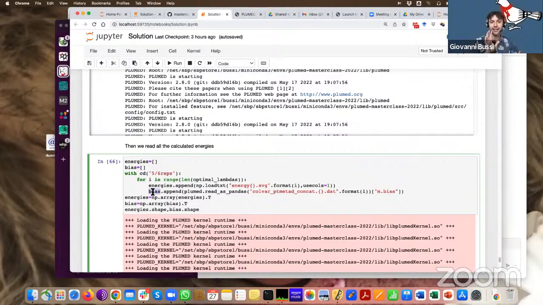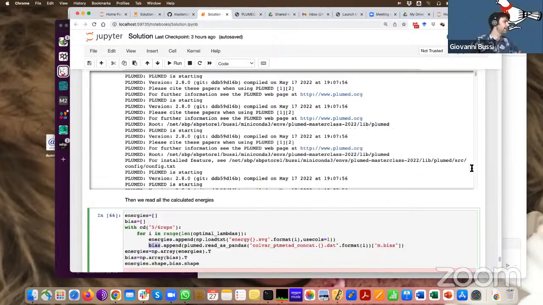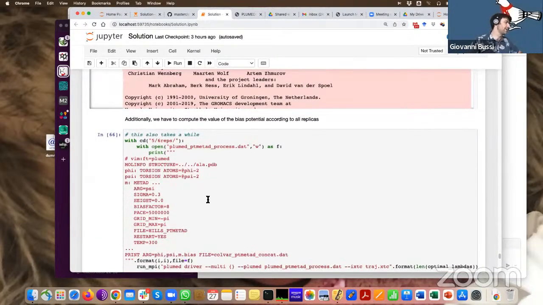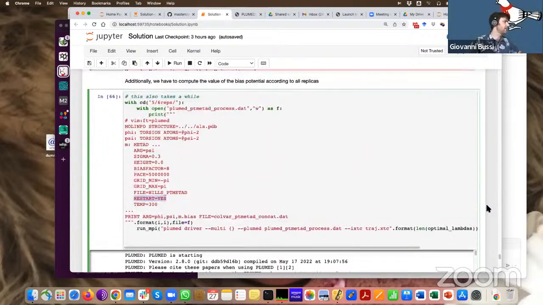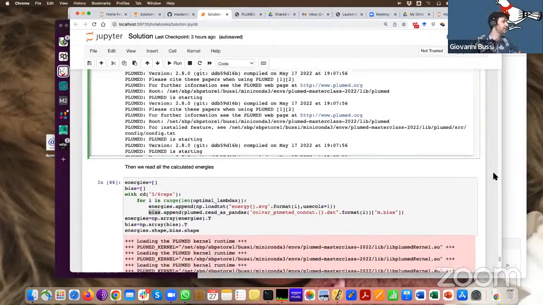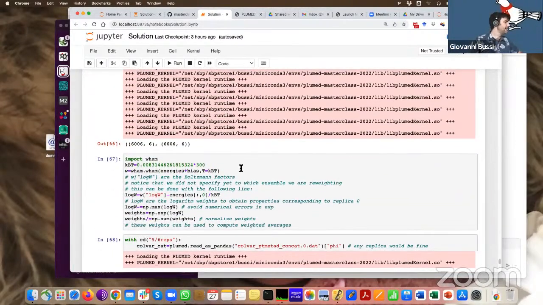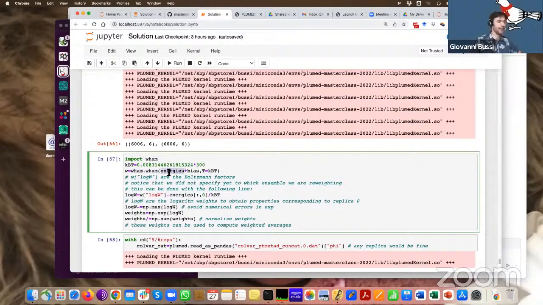We just read the hills and do a fake restart. And that's explained better, I think, in the metadynamics masterclass. I do a fake restart with adding no more hills. And I just compute the bias as a function of psi for all the frames of the concatenated trajectory. Then what I should feed to the WAM script is energies.